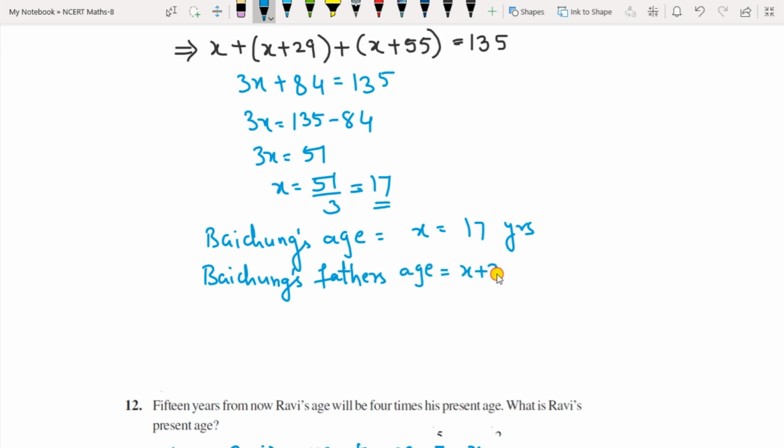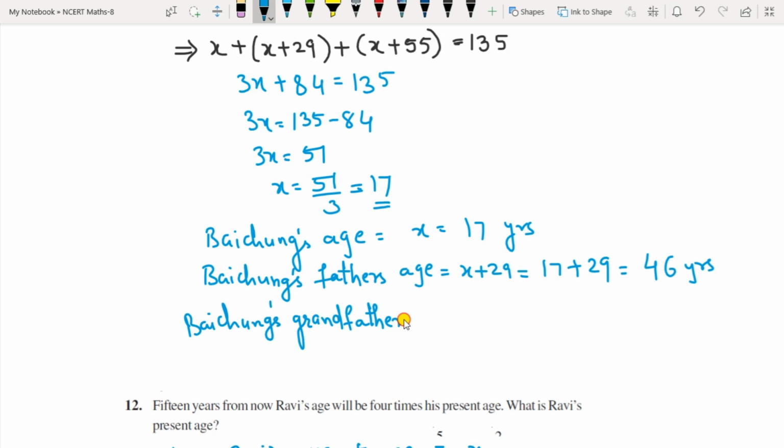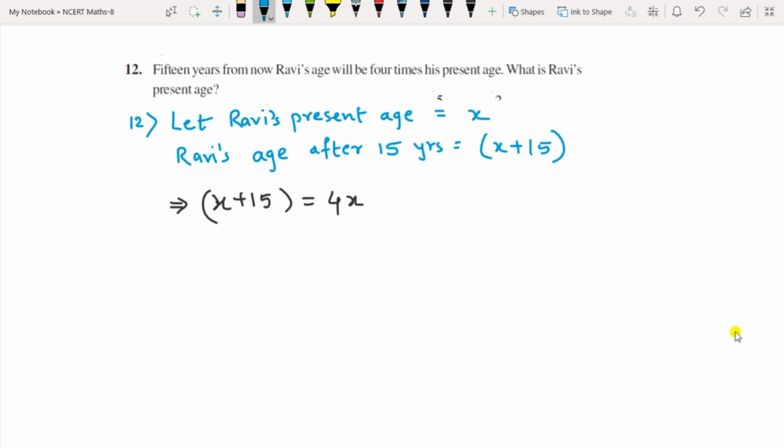So Baichung's father's age will be x plus 29, that is 17 plus 29, that adds up to 46 years, and Baichung's grandfather's age is x plus 55, that is 17 plus 55, that totals up to 72 years.